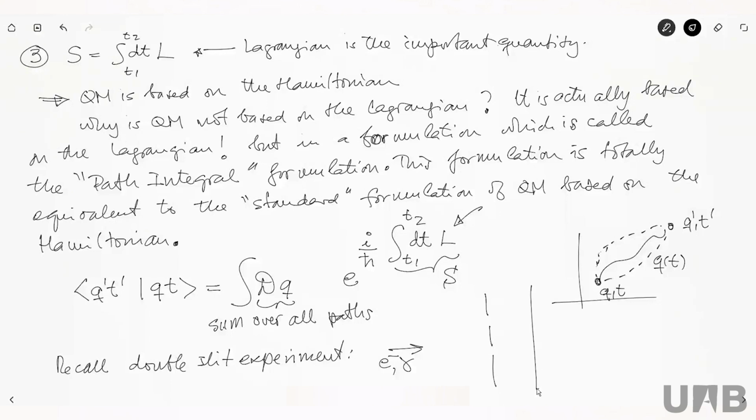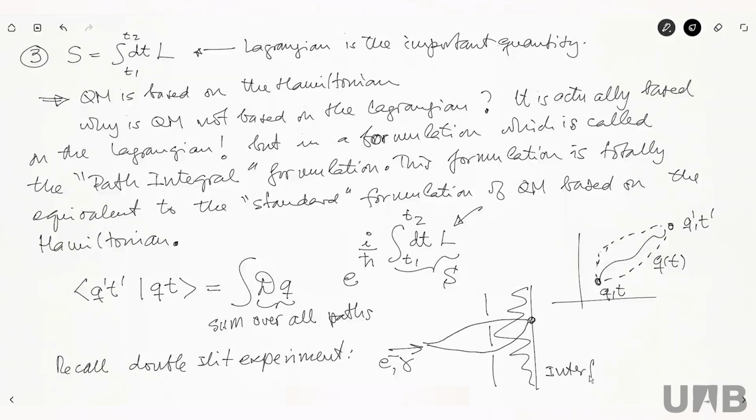And behind the screen, you see an interference pattern. And then you have a hard time understanding how these projectiles actually go through 2 different paths to the same point. That is what causes this interference pattern.